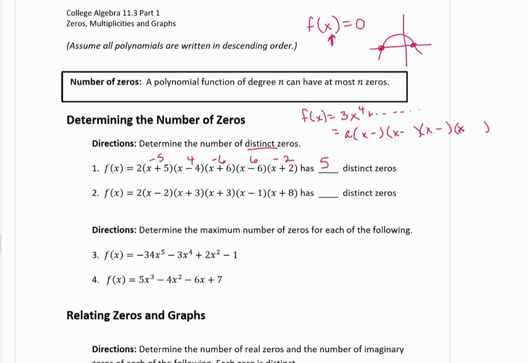On problem 2, my zeros are 2, -3, this is -3, 1, and -8. So these two are the same. So if I'm counting how many distinct zeros there are, I don't count both of them. So I have 1, 2, 3, 4 distinct zeros.